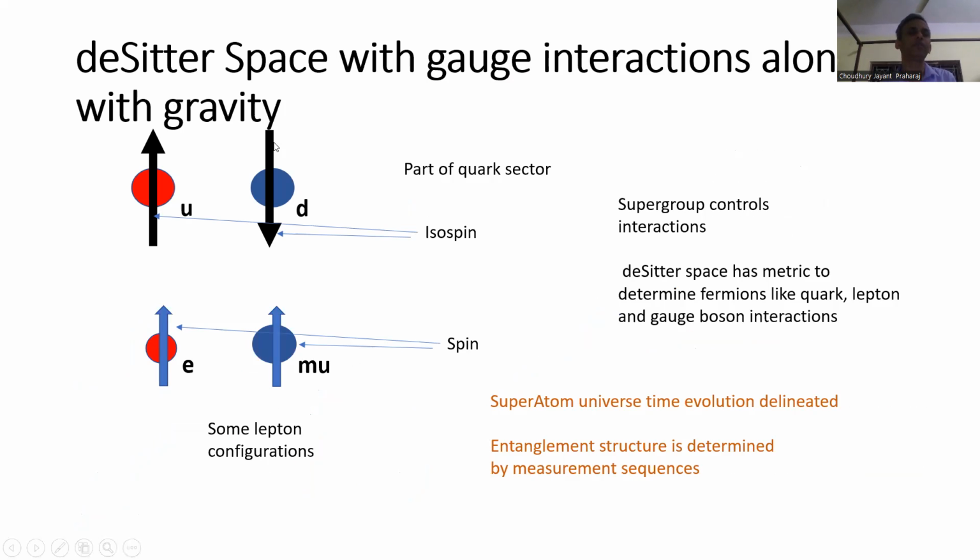We also want to consider the de-Sitter space with gauge interactions along with gravity. Here we show up and down quarks and part of the quark sector, and this shows isospin, and then this shows spin for electron and the muon. So this shows some lepton configuration. These are some of the fundamental particles we know, which we are studying.